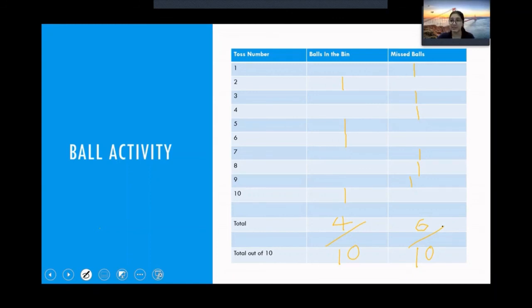If I were to ask you, how many times did I, Annie, make the ball into the bin as represented by a fraction, you would say, out of 10, I made 4 of the balls, or 4 out of 10 balls I made into the bin. If I were to ask the same about the missed balls, you would say, Annie missed 6 out of the 10 balls.